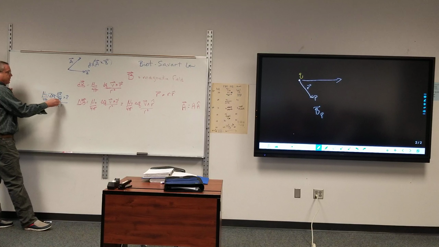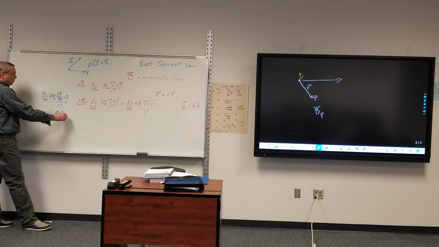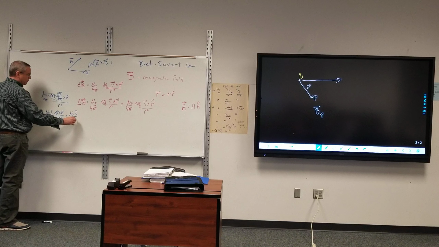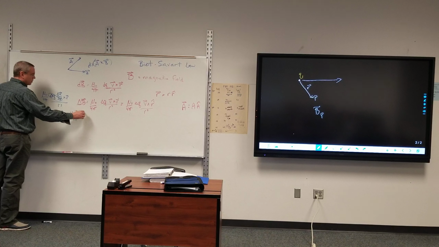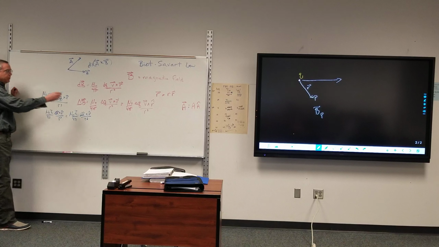I just recombine that right there and I get mu sub naught over 4 pi times the current times delta X cross R over R cubed, or mu sub naught I over 4 pi delta X cross R hat over R squared. So these are the 4 forms.